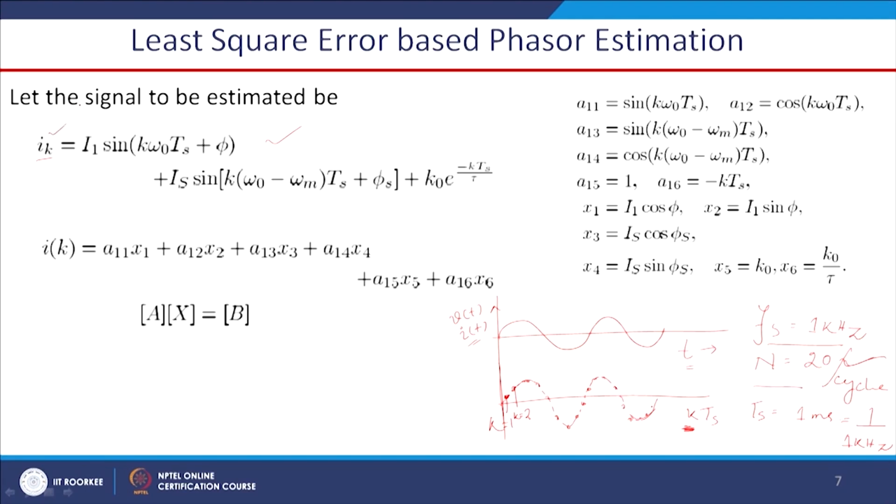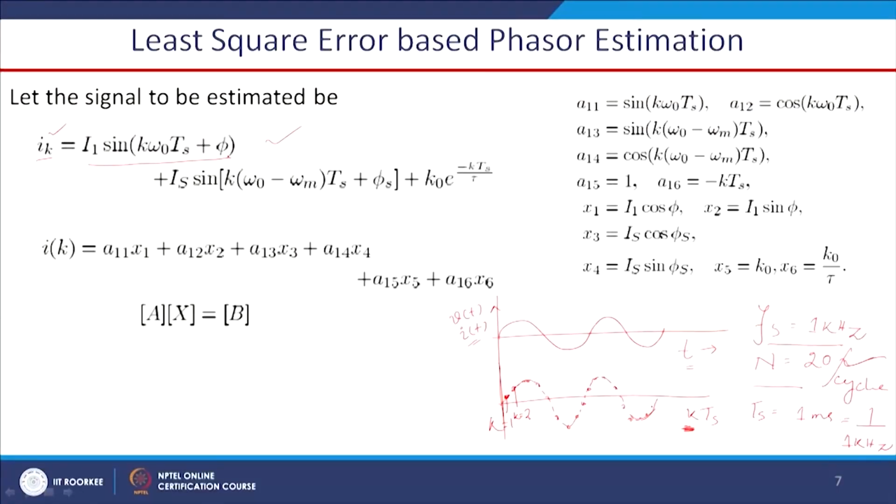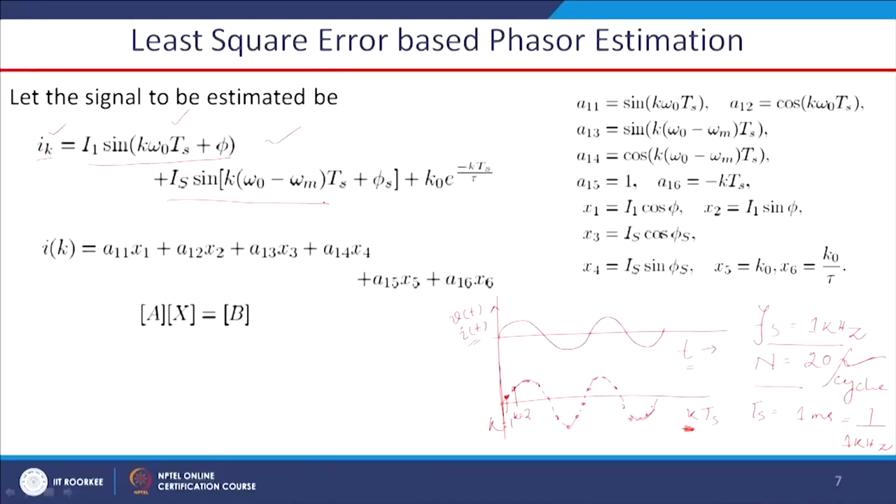This Ik stands for the sample of the signal at kth instant. So, I will write here this is equal to I1, this capital I1 into sin(k omega naught Ts plus phi). The first term of this particular equation is the fundamental frequency component of the signal, and the second term is Is sin((omega naught minus omega m) k Ts).